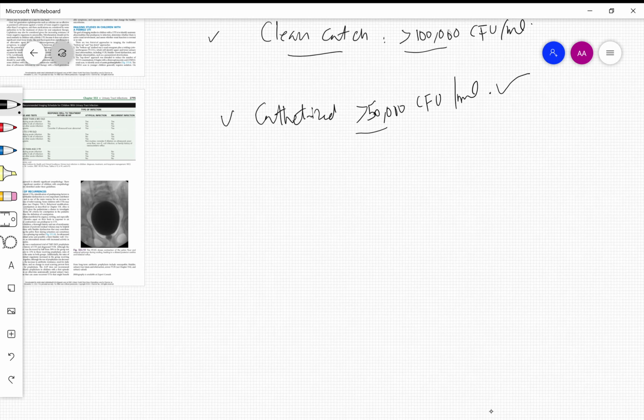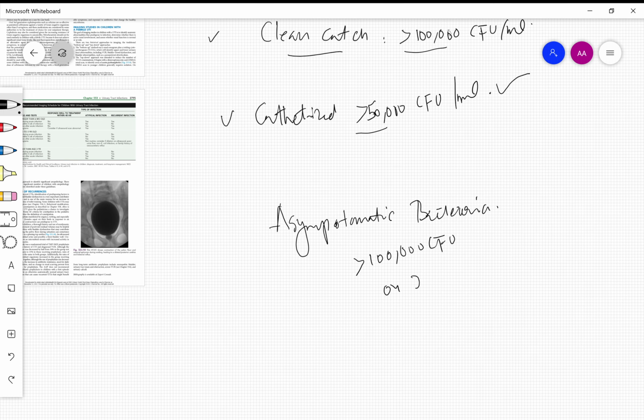There is another term, asymptomatic bacteriuria, which will be discussed in detail, but it is also defined as greater than 100,000 colony forming units of a single organism on 2 specimens, without symptoms of UTI.